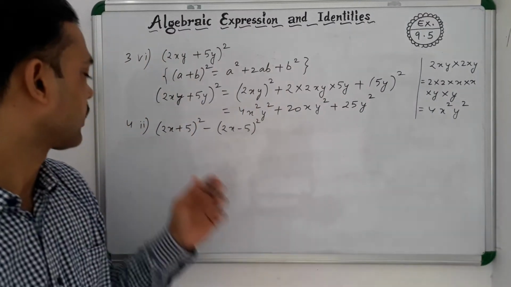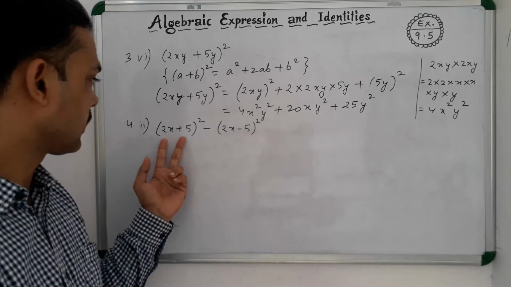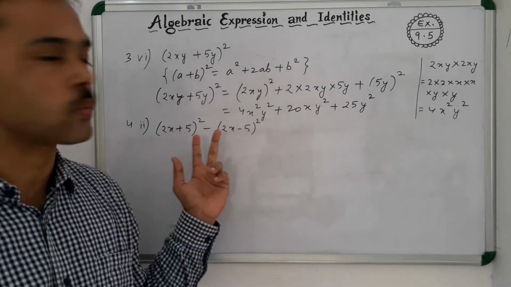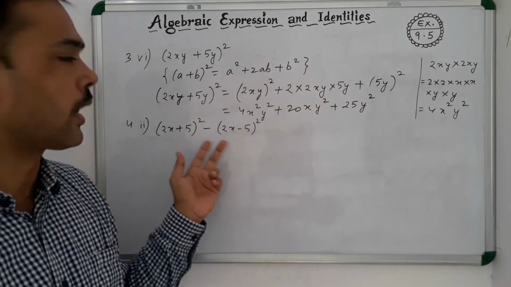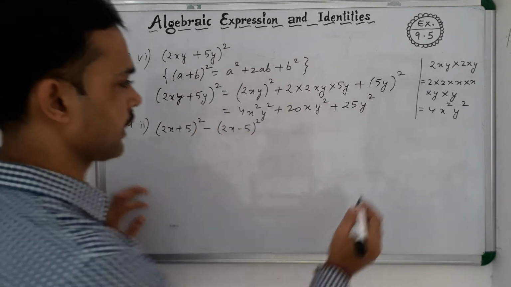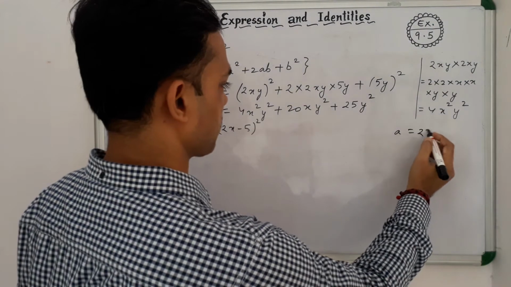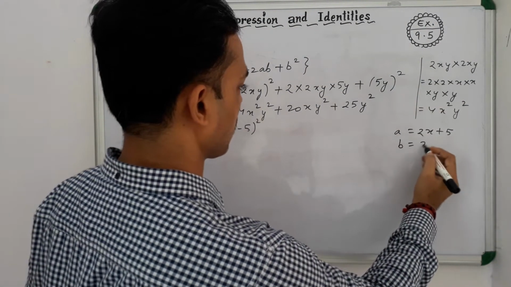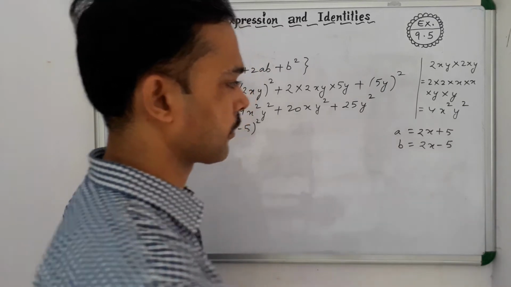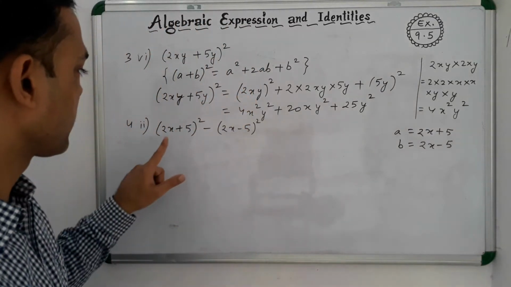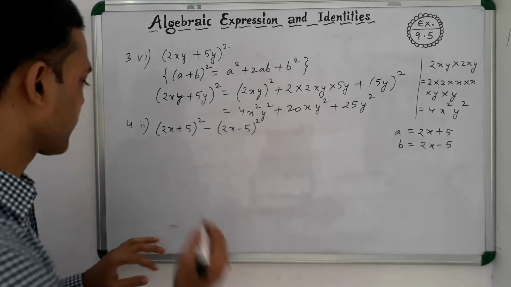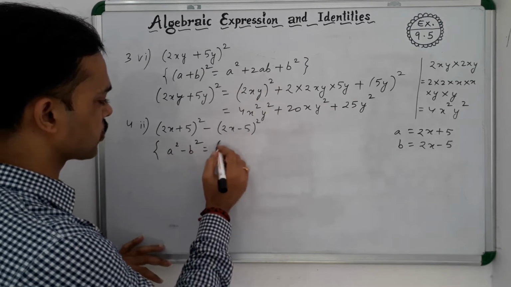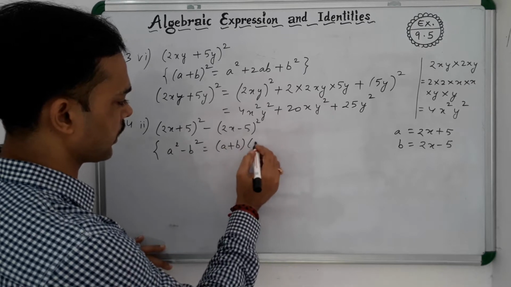Now see, these two expressions are different. It is a square minus b square. We can take this 2x plus 5 as a and b will be 2x minus 5. So this is a square minus b square. You people know that a square minus b square equals a plus b into a minus b.